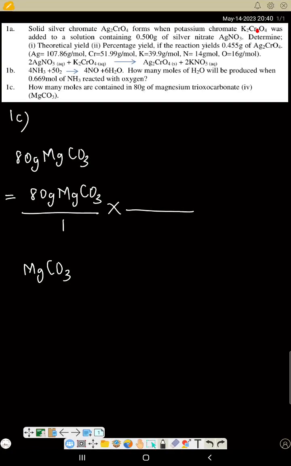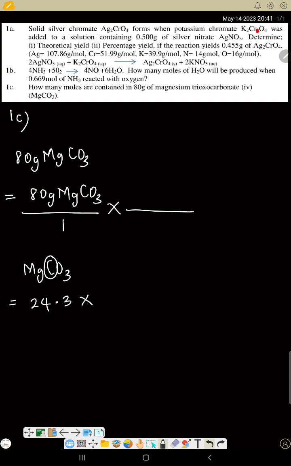Magnesium is in group 2. So the atomic mass is 24, as in magnesium is 24.305, so that will be 24.3.